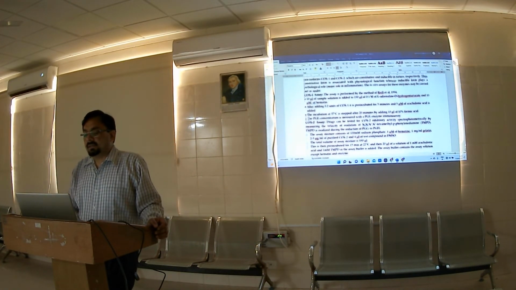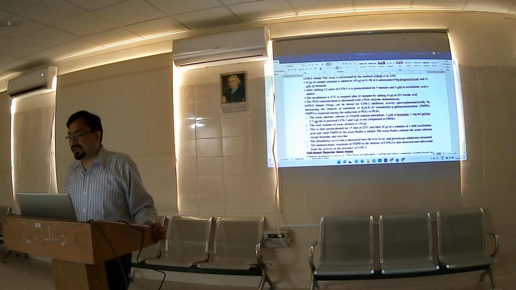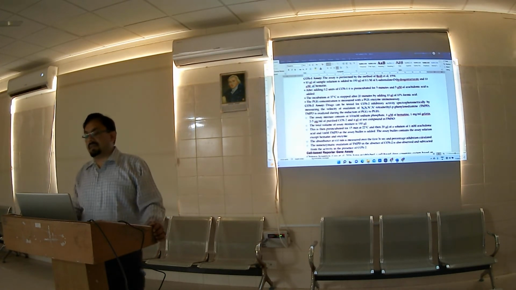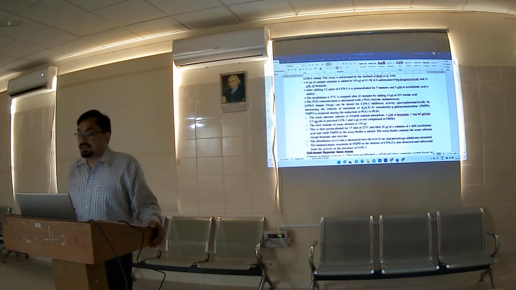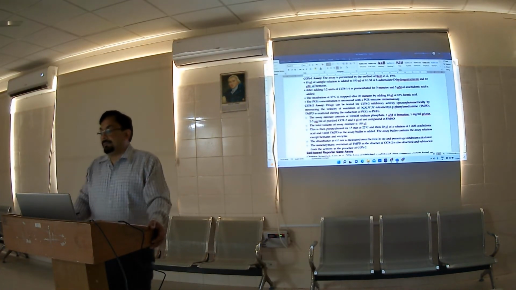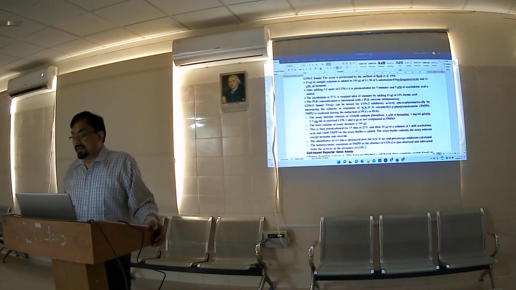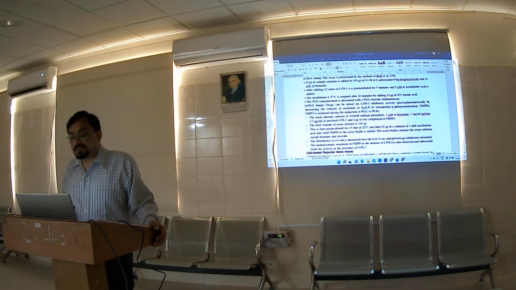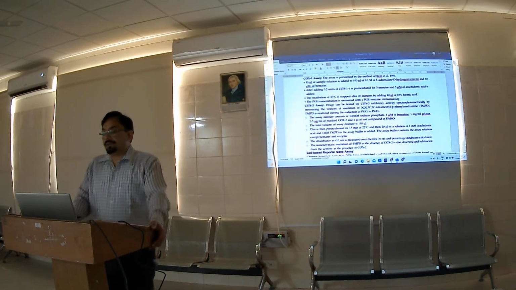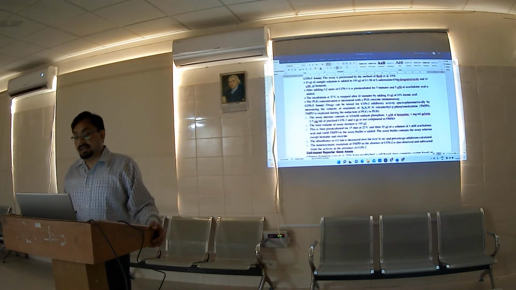COX2 assay: the drug can be tested for COX2 inhibitory activity spectrophotometrically by measuring the velocity of oxidation of N,N,N',N'-tetramethyl-p-phenylenediamine, which is abbreviated as TMPD. So TMPD is oxidized during the conversion of prostaglandin G2 to prostaglandin H2.